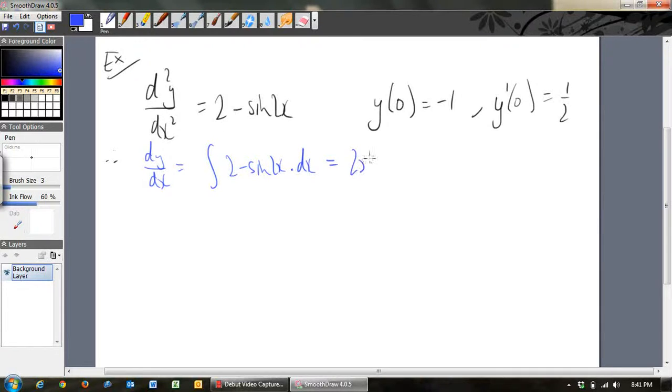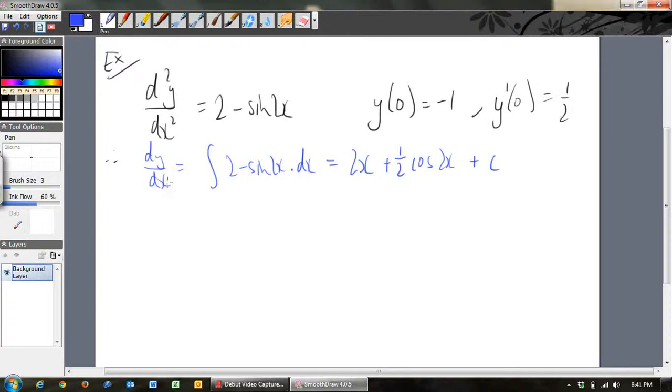Integral of 2? 2x. Integral of sine 2x? Well, sine goes to negative cos, so it will be plus cos 2x, and it's 2x, the derivative, that's 2, so it will be half cos 2x plus c.